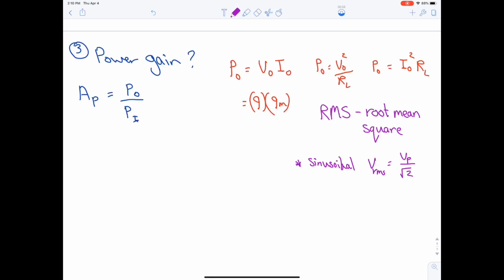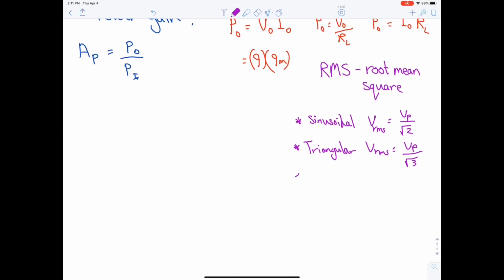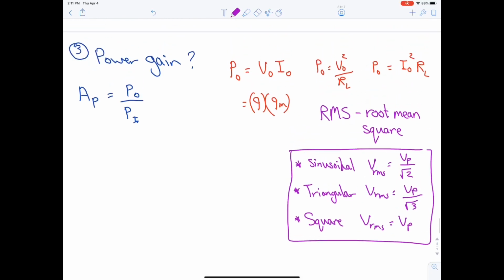Whereas if my signal type is triangular, then the RMS is equivalent to V peak divided by root 3. And the last type is the square wave. The RMS is equal to V peak. Okay, so this is RMS.